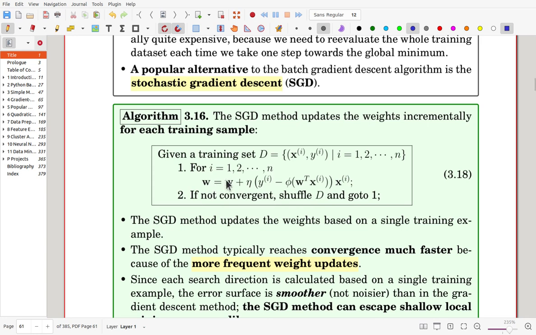Now, after finishing this, if it has not converged, then we shuffle D, the data, and do it again.